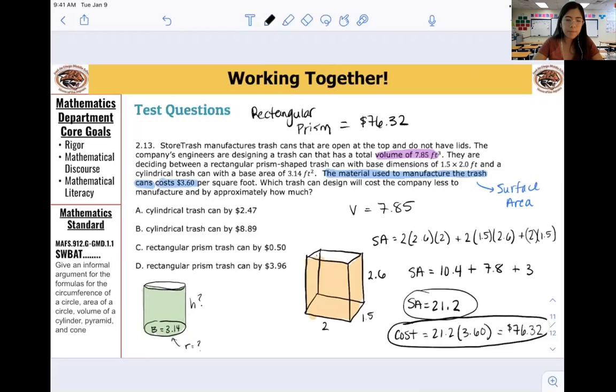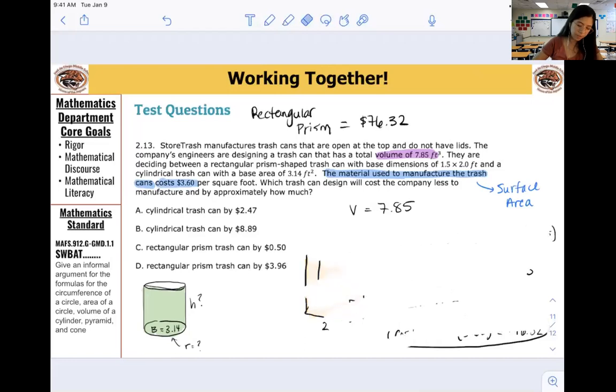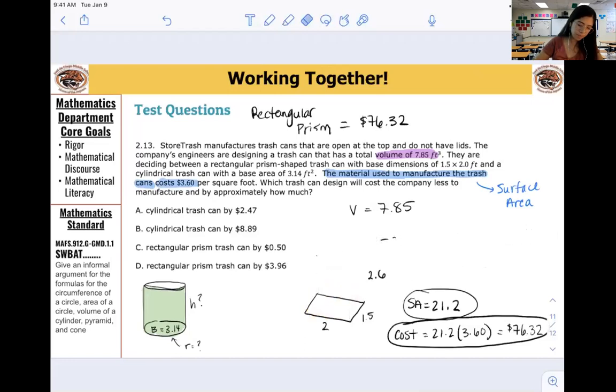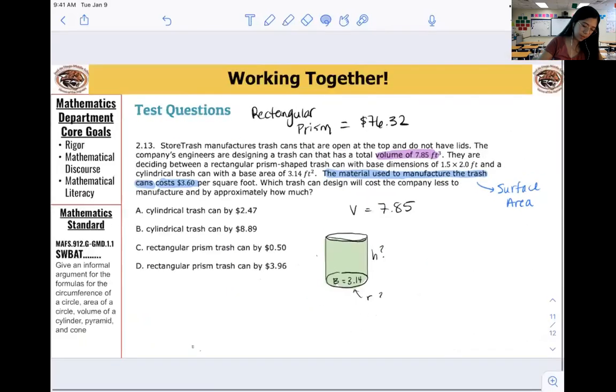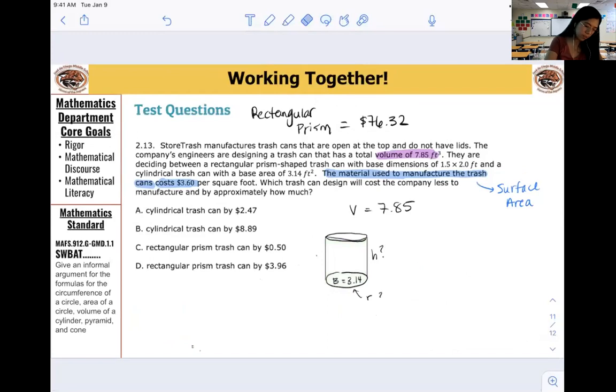Then I have this guy, my cylinder. Kind of a similar situation. I know some information, but I don't know all the information. But I do know that the volume of a cylinder is base times height. And I know the base area is 3.14. So I can find the height.